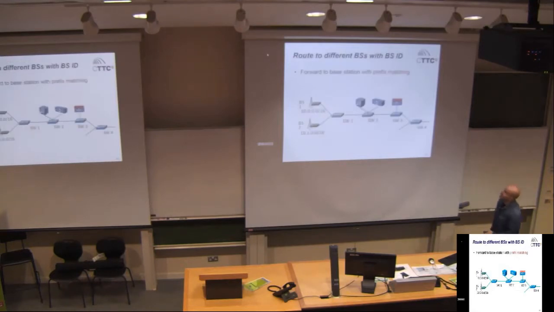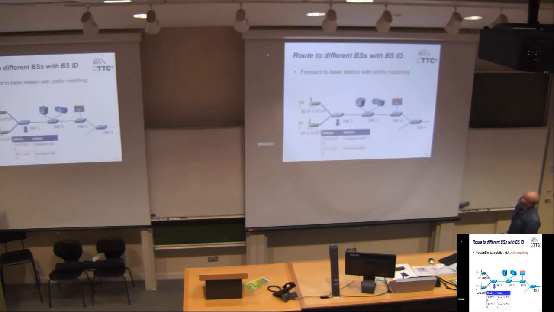So let's put an example here. Imagine that we have two base stations, and instead of having a rule for each one of the UEs, we want to aggregate in this switch the rules for all the traffic that goes to the UEs in base station 1 and all the traffic that goes to the UEs in base station 2.